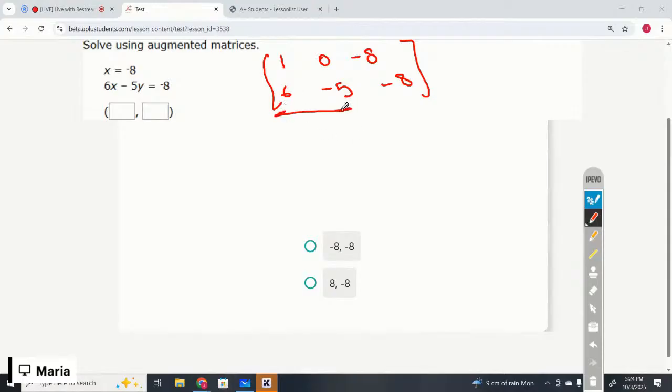So we need to make 0 and 1 here. To make 0 here, we need to do R2 minus 6R1.